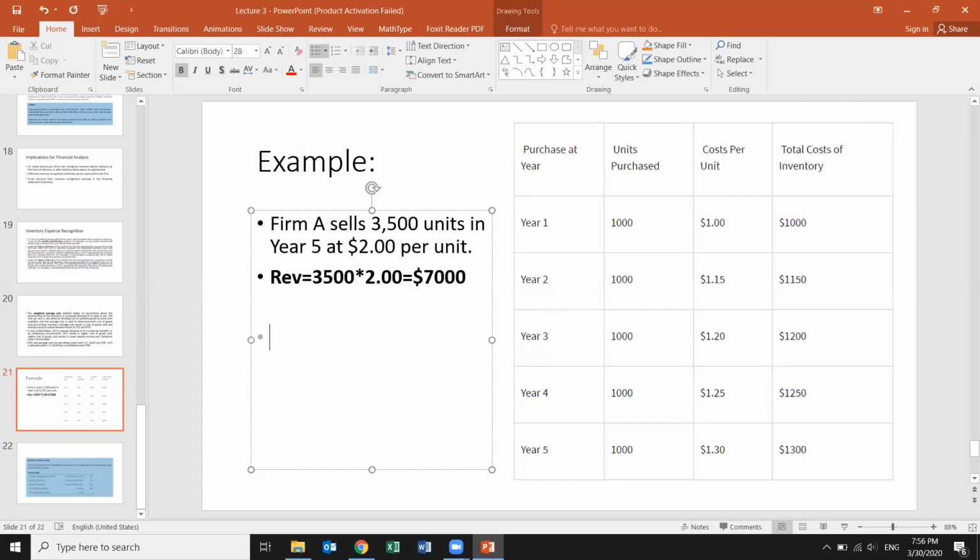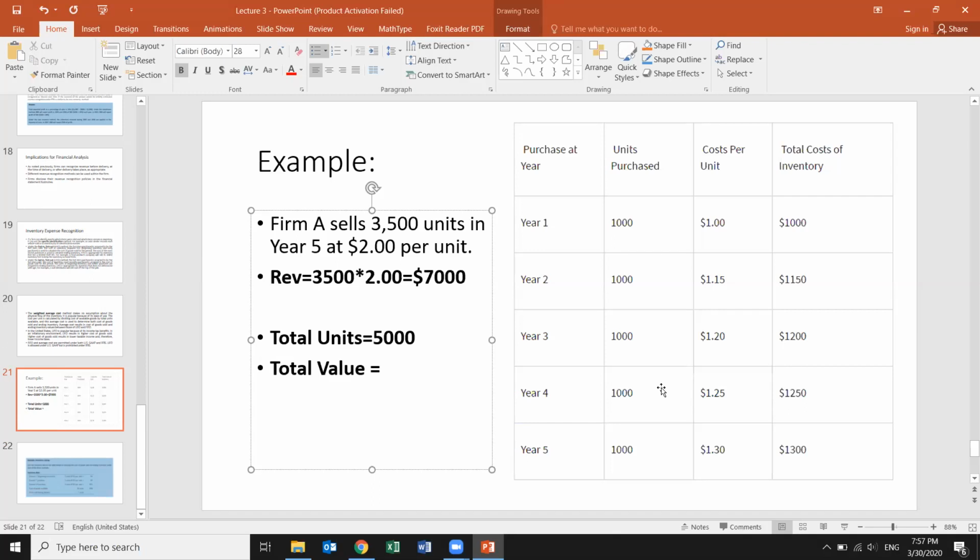Total units purchased for 5 years, with 1,000 each, is equal to 5,000. And the total value of your inventory is just the summation of the inventory.